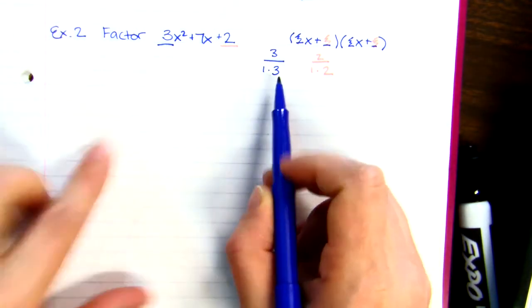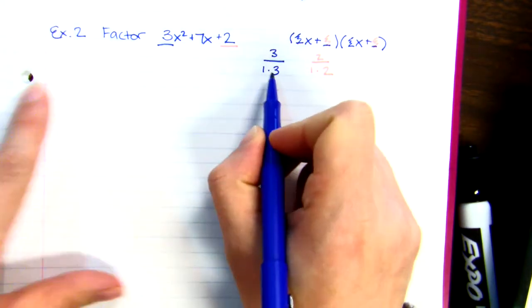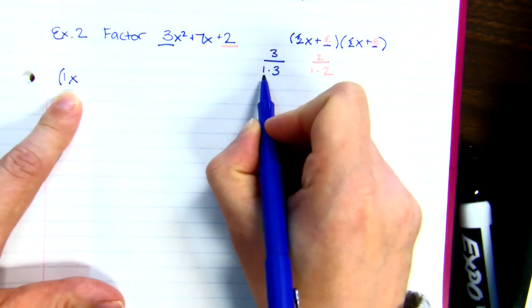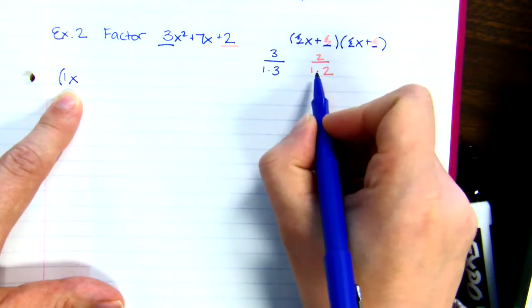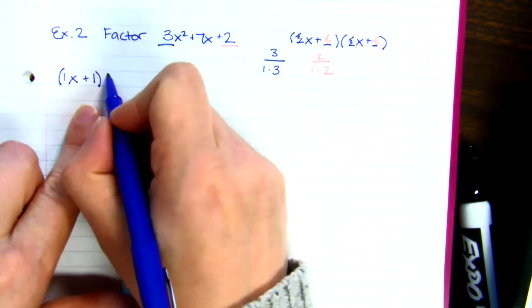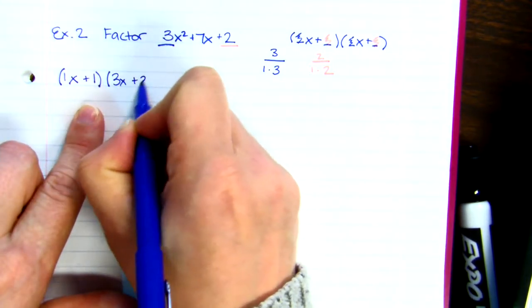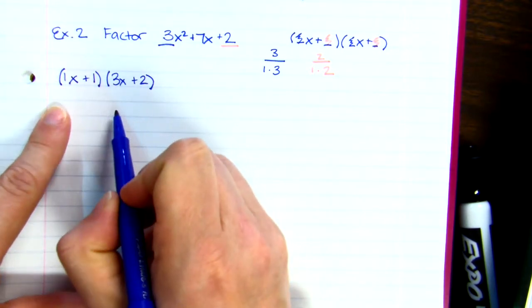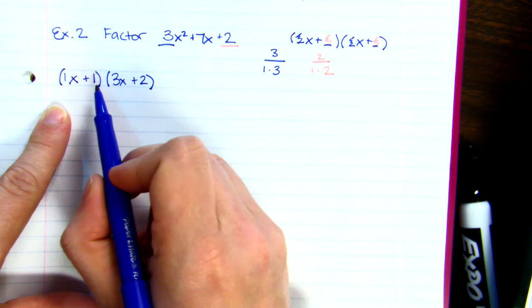So what I always do is I write out my first possibility, which would be x, that's like a 1x, plus 1, and then I need to use my other factors, 3x plus 2. And what I'm going to do is keep the coefficients the same, and just change the constant.